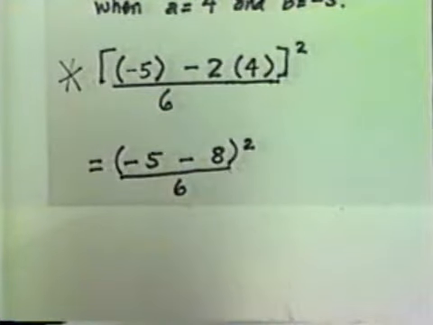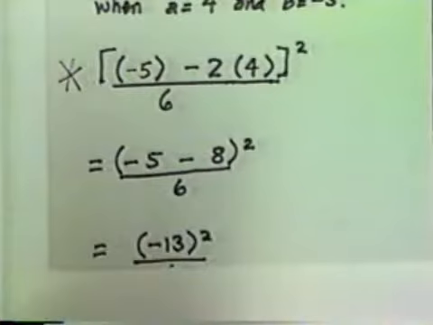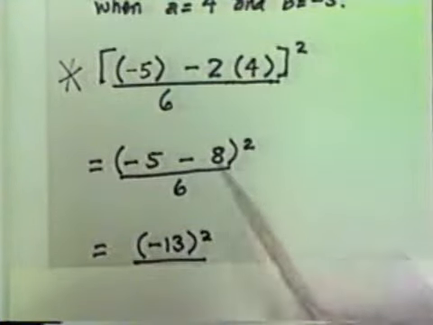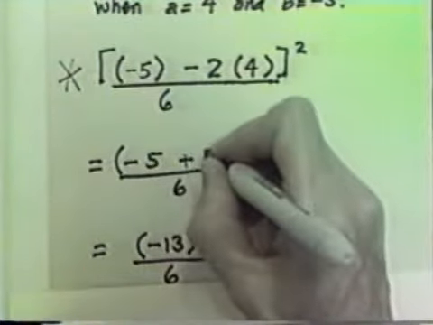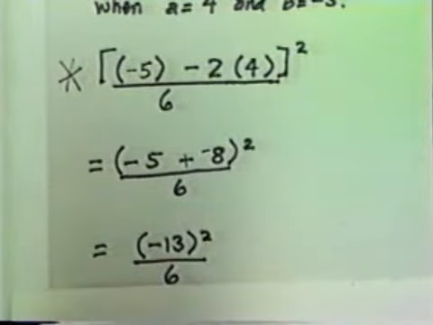Then inside parentheses we have -5 subtract 8, which we're to work. -5 subtract 8 is -5 add -8, which is -13. Square the -13 and we get 169, because 13 times 13 is 169, and negative times negative is positive.